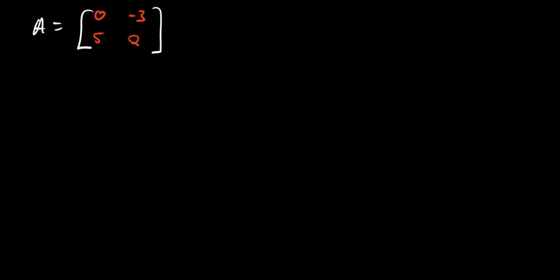So let's also have matrix B. Let's say this matrix, we have 1, 0, then 0, let's have 2 here. Okay, so then we want to find what is A times B.